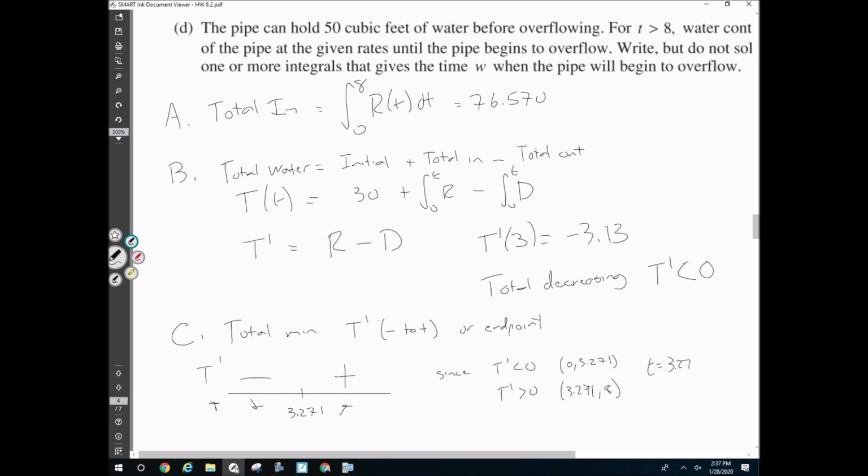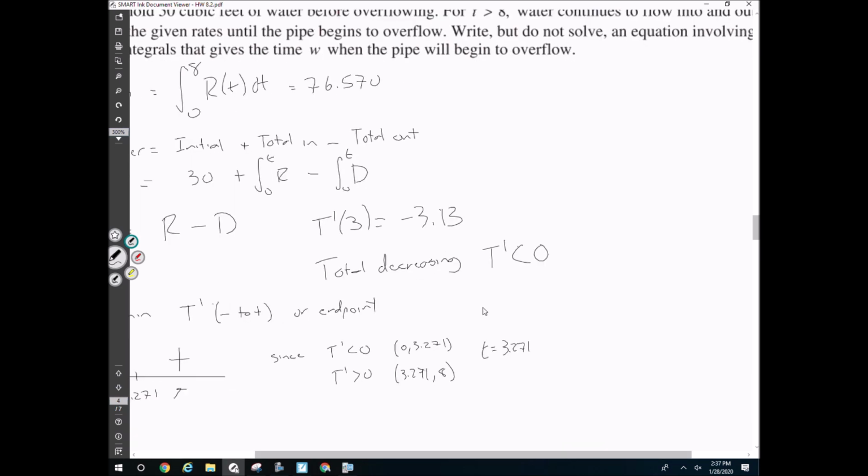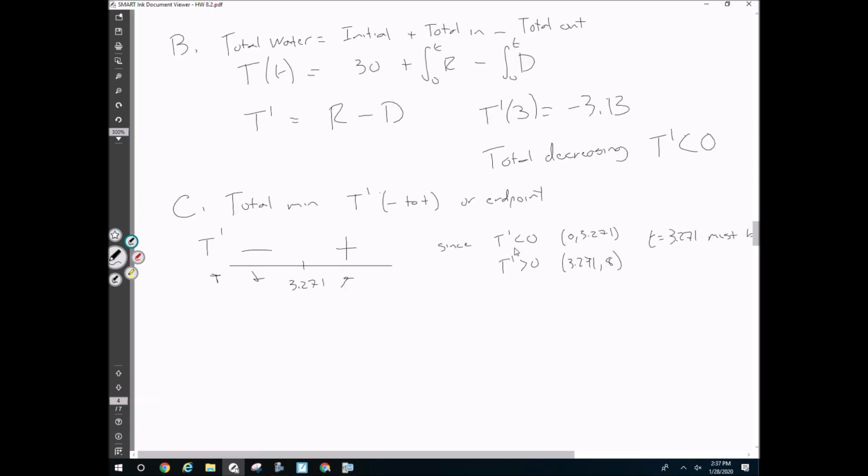T equals 3.271 must be the min, must be when the total is a min. Don't have to check the endpoints, right? I don't have to check the endpoints because I know for a fact values are decreasing then increasing by looking at the derivatives.